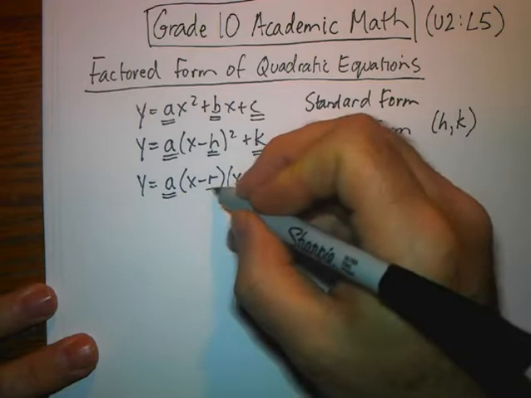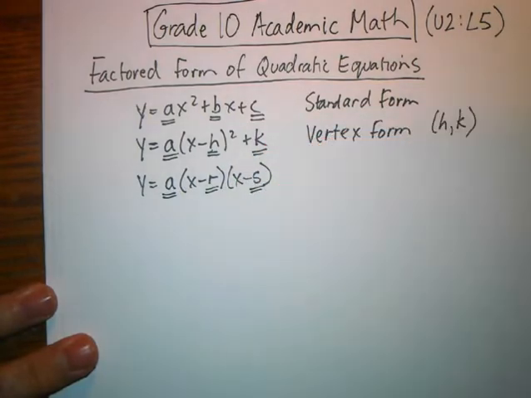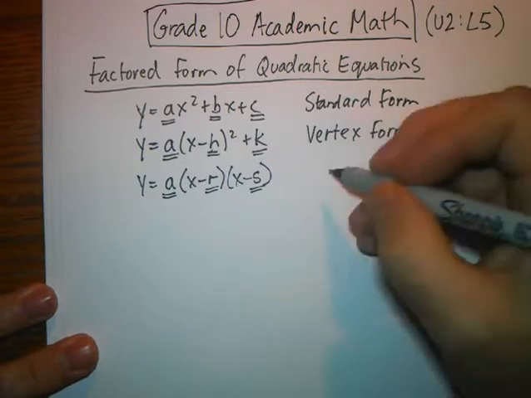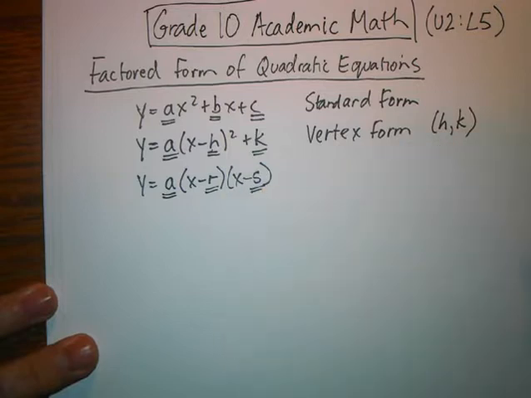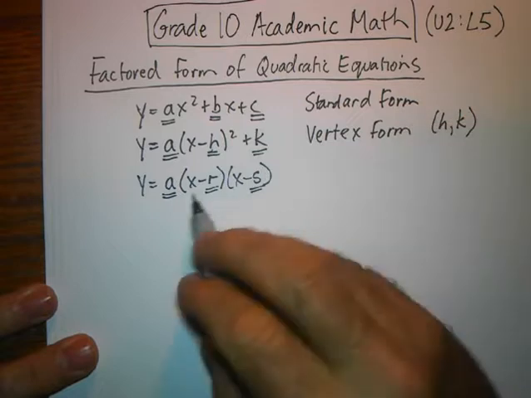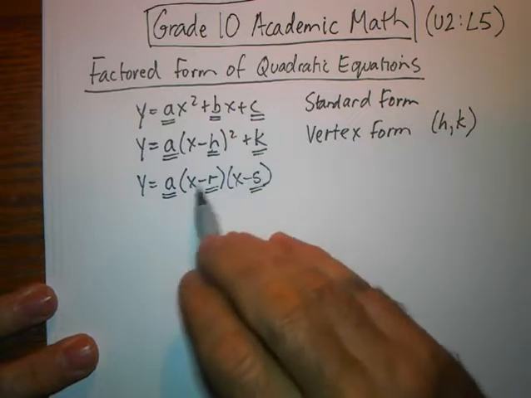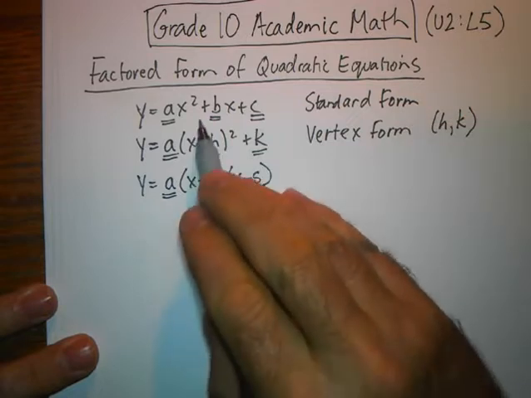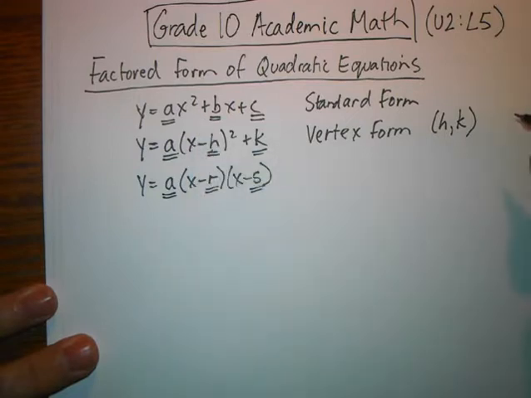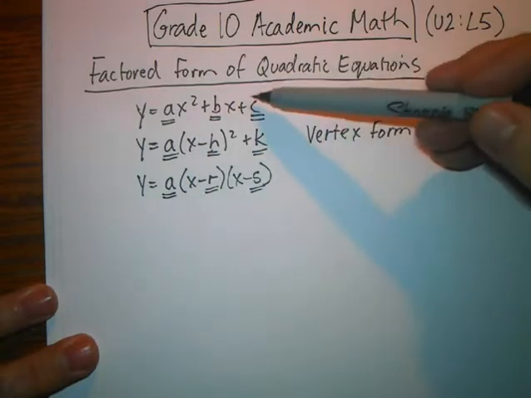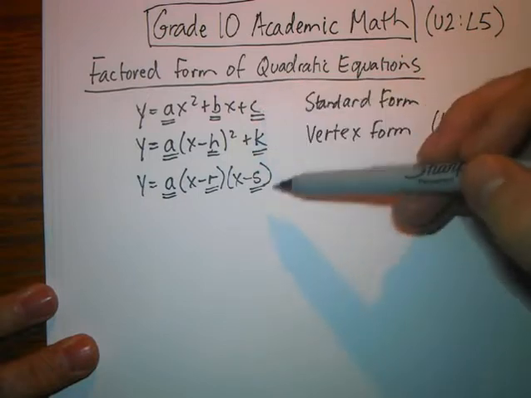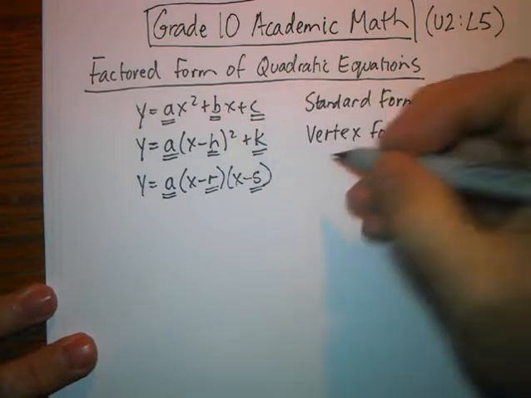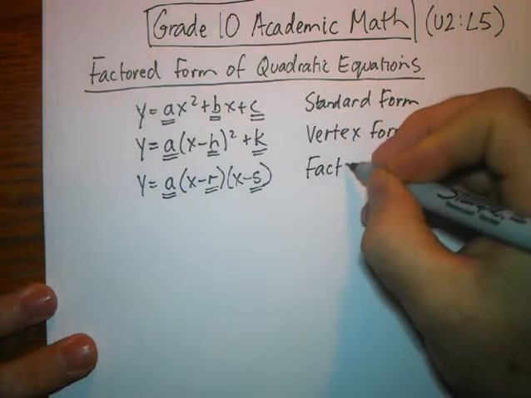The r and the s are the two new variables, but they're actually going to be numbers when we work with them. The r and the s turned out to be the x-intercepts, or what we call zeros. If you remember from Unit 1, we spent most of our time changing equations that look like this into equations that look like that. So we call this factored form.